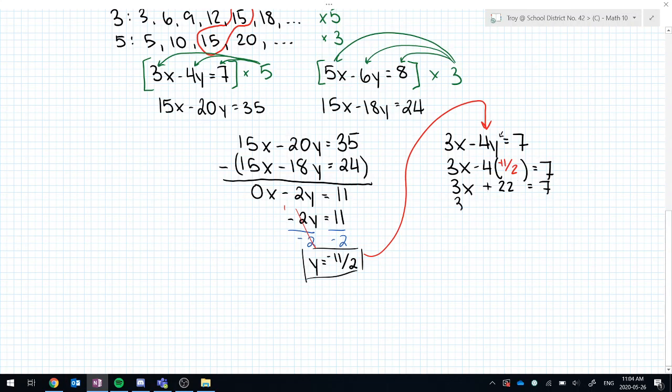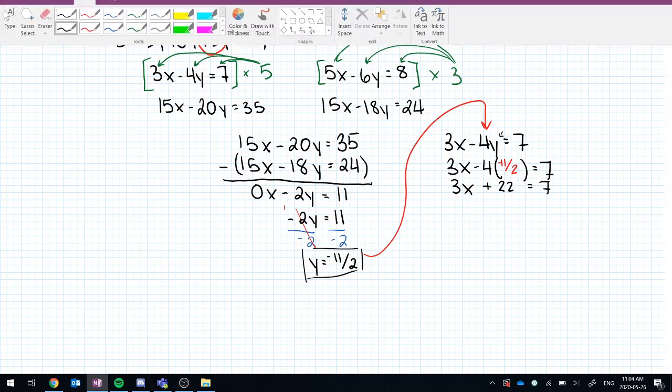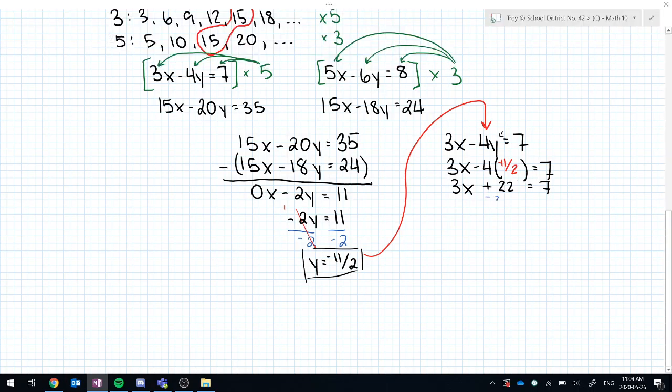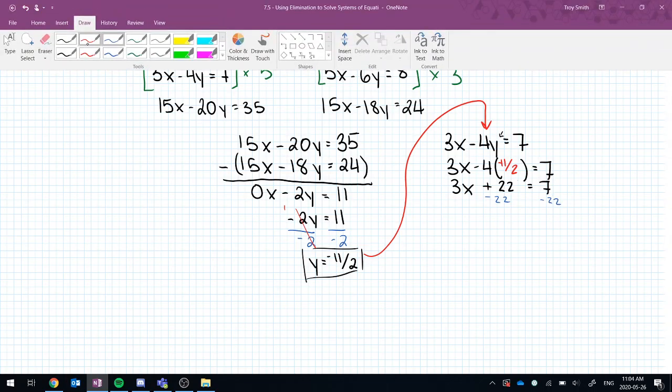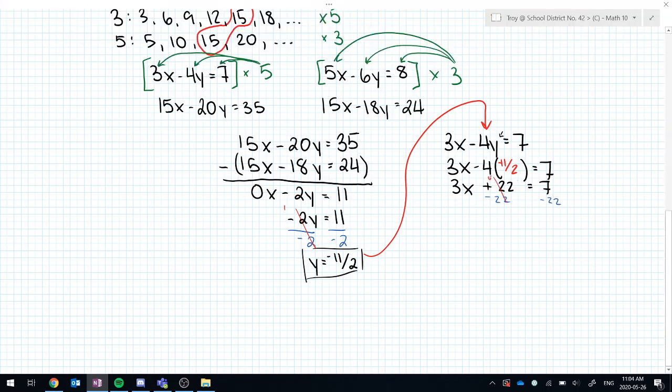Right, then we get 3x plus 22 equals 7. So, well, I guess I'll write out the step here. We want to get that x by itself, so we want to subtract that 22 from both sides. Right? That cancels when we do that. So we get 3x is equal to negative 15.